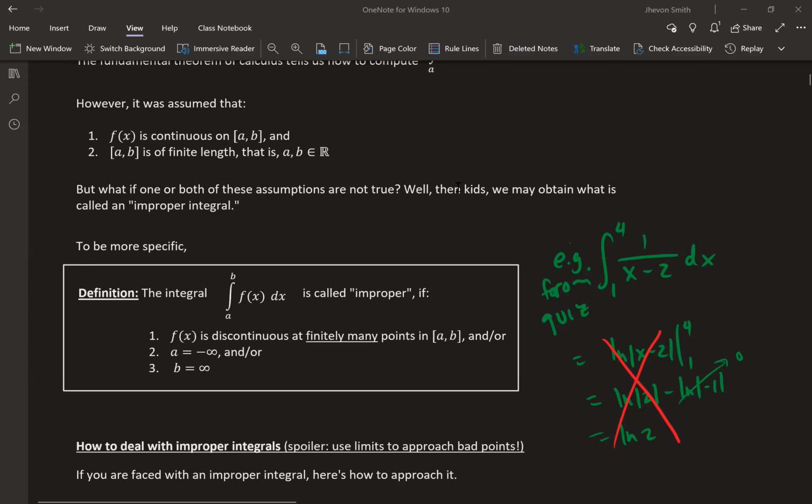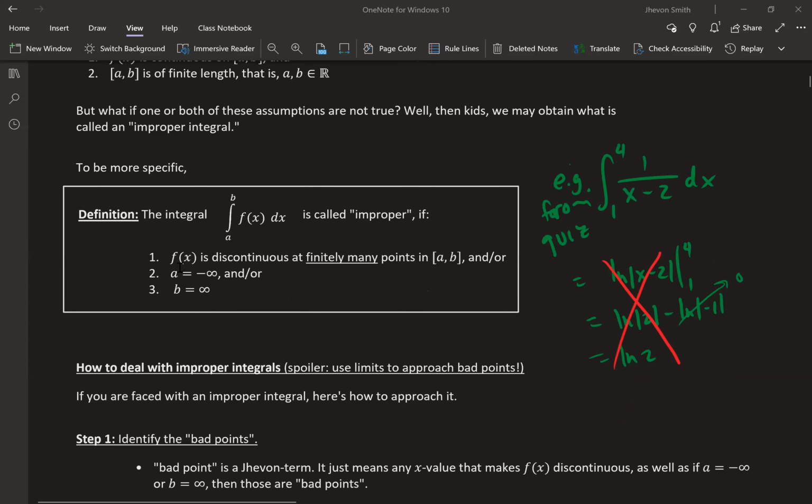So either your function is discontinuous at finitely many points. A function can be discontinuous at infinitely many points, but those sorts of functions are above our pay grade; only math majors have to worry about them. Then we have the lower limit being negative infinity and/or the upper limit being positive infinity.